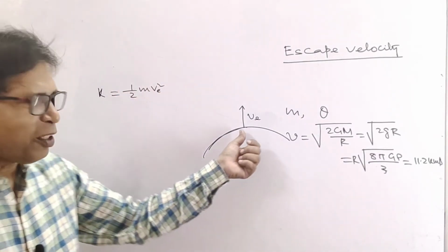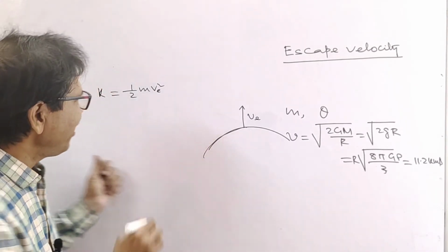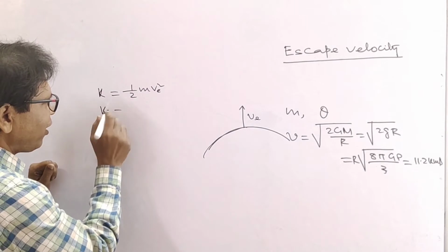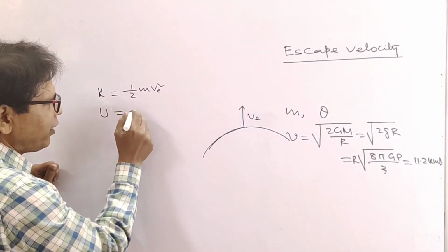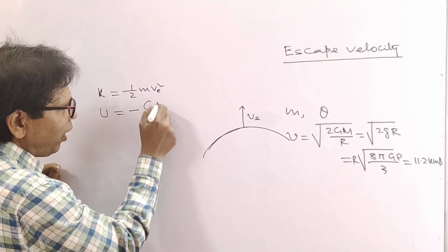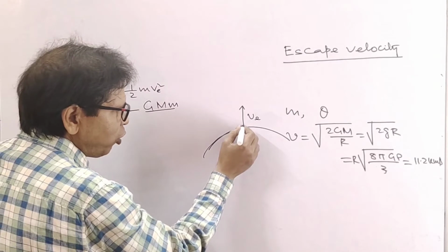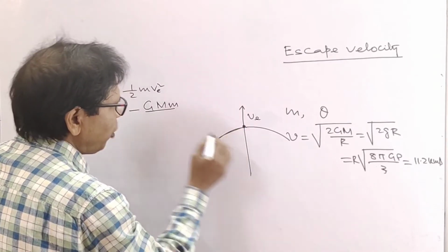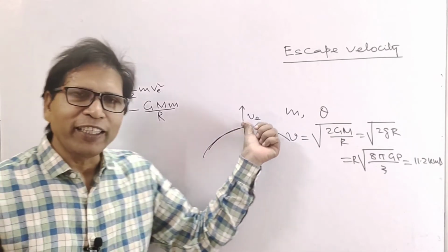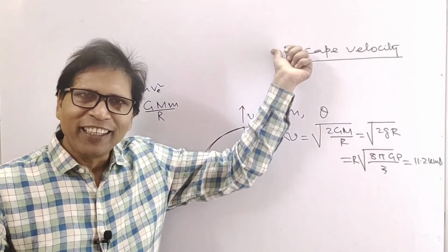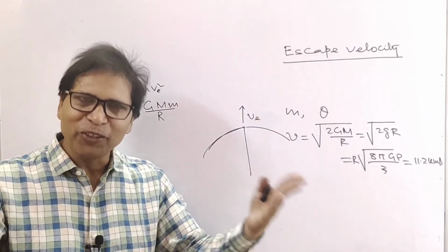What is the potential energy on the surface of the Earth? The potential energy U equals minus G, mass of the Earth, mass of the body, divided by distance of the surface from the center of the Earth, capital R. Now what is the potential energy at infinity? 0. Kinetic energy at infinity is also 0.